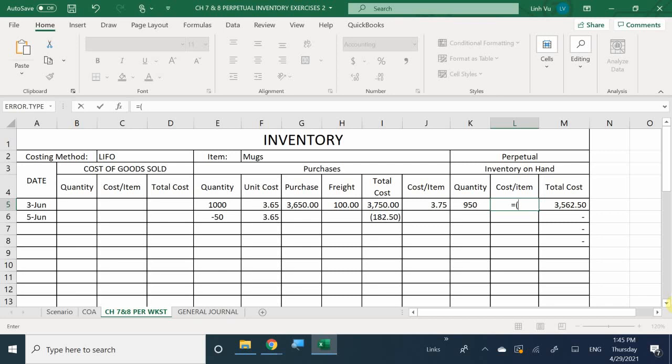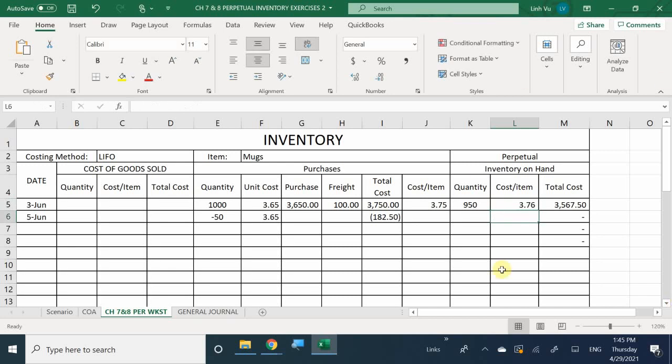In this case, it's going to be 3,750 subtract out my 182.50, close parentheses. And then I'm going to divide this whole amount by my quantity of 950, because that's how much I have available. So what should be my new cost per item?